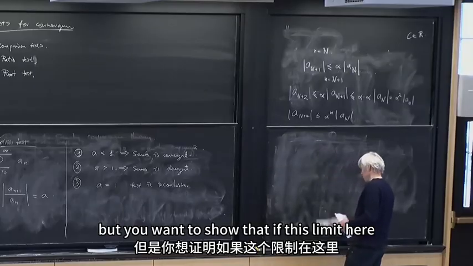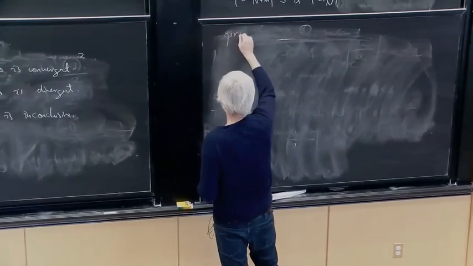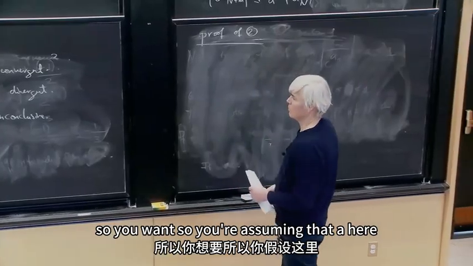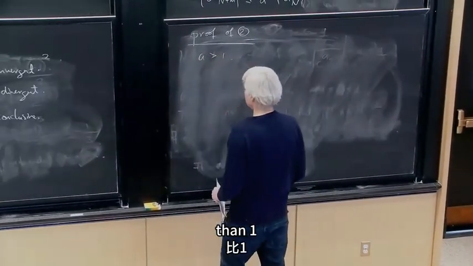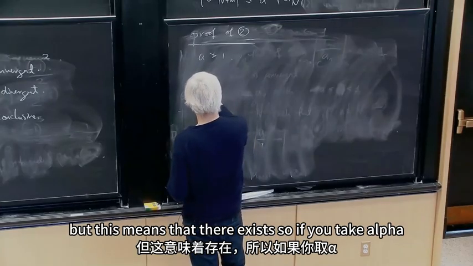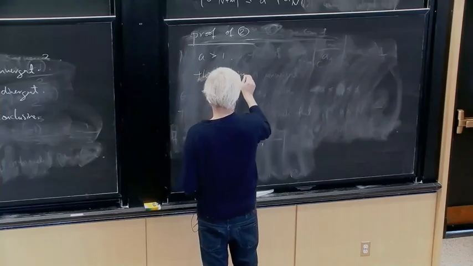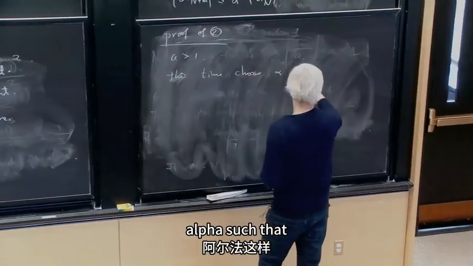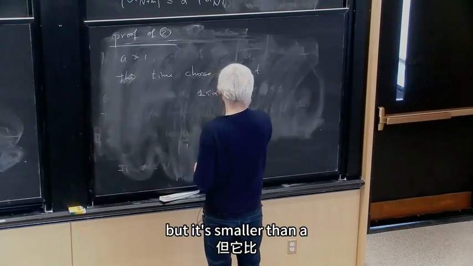But you want to show that if this limit, so the proof of 2, we're assuming that A here is bigger than 1. So this time choose alpha such that alpha is bigger than 1, but smaller than A.